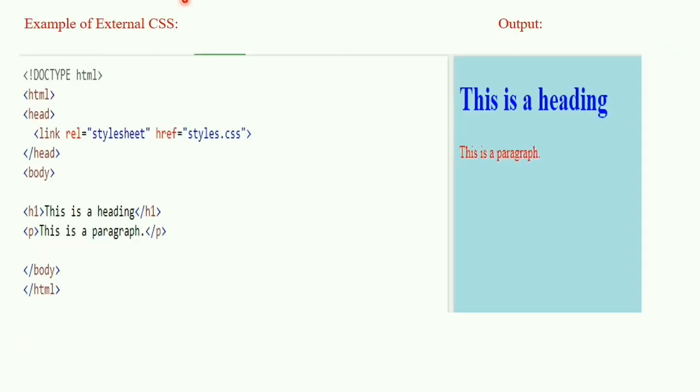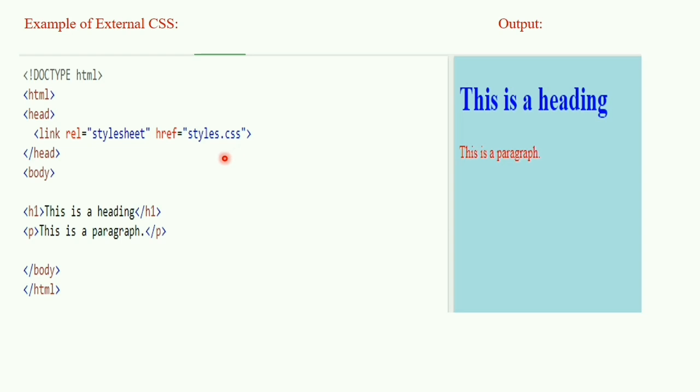Now see the example of external cascading style sheet. HTML tag, head tag, then the important one, link tag having the attribute rel which takes the value of stylesheet, href styles.css.